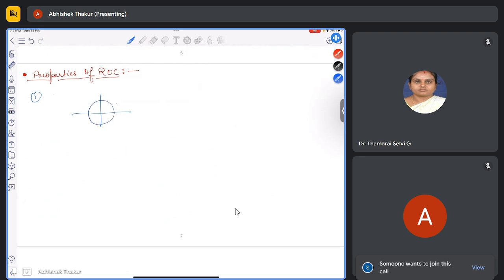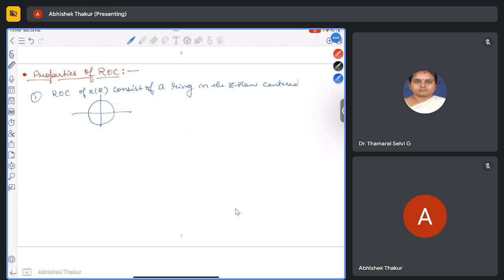The first property is: the ROC of X(z) consists of a ring in the Z plane centered about the origin.